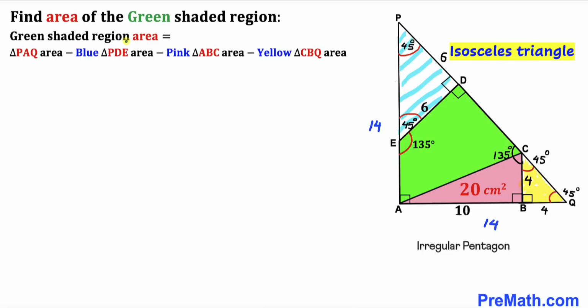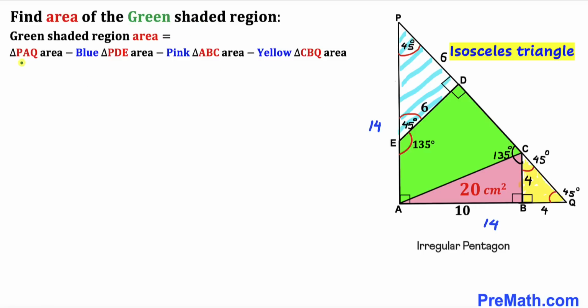And now let's make an observation. We can see that the area of this green shaded region is going to be equal to the area of this big right triangle PAQ minus the area of this blue right triangle PDE minus the area of this pink triangle ABC and minus the area of this yellow triangle CBQ, as you can see in this equation.